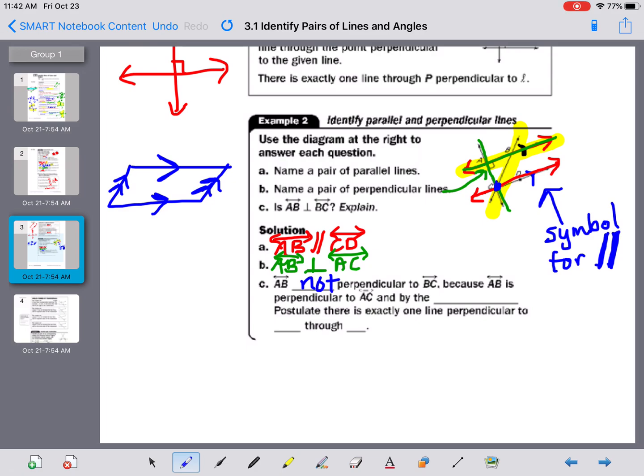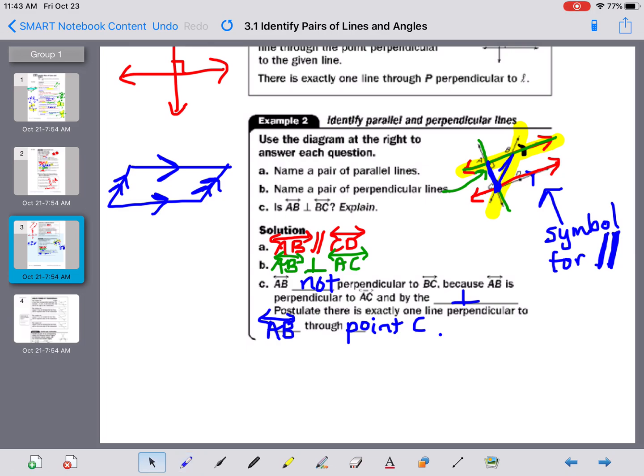So C was already perpendicular up here at A. So C cannot be perpendicular at another point, okay? So what's important to remember is that we just did that. If C is perpendicular at one point, it can't be perpendicular to another. So postulate: there's exactly one line perpendicular to line AB through point C, okay? And again, you can look at it and go, well, that's obvious, but that's kind of stating that postulate from the top of the page.